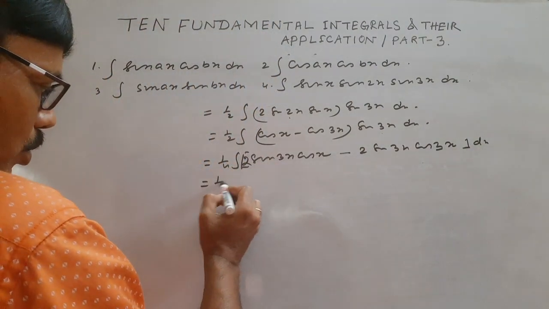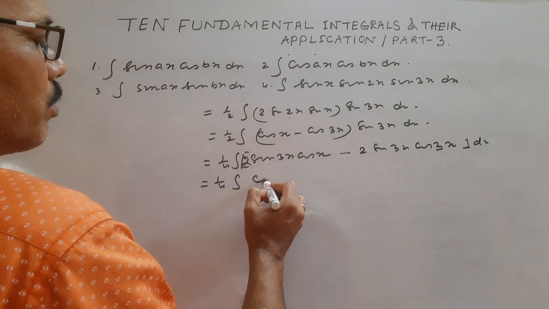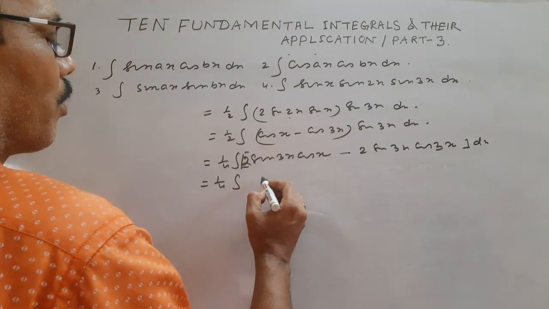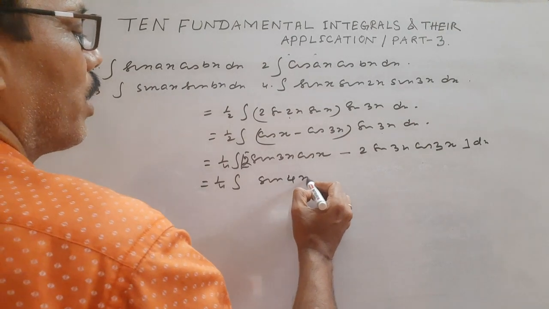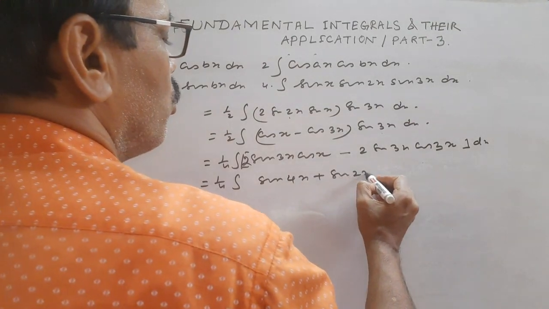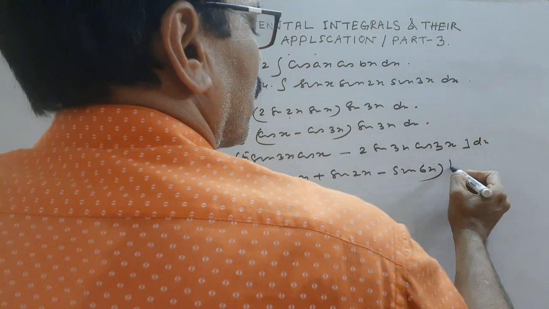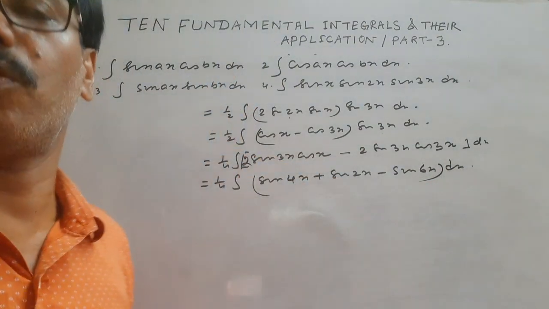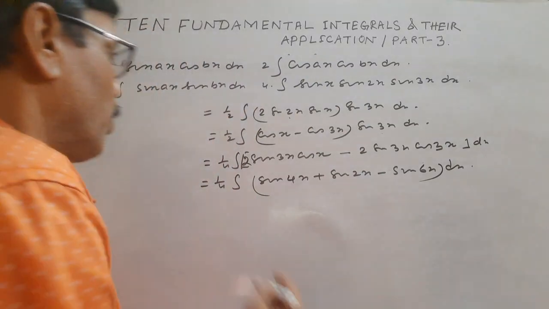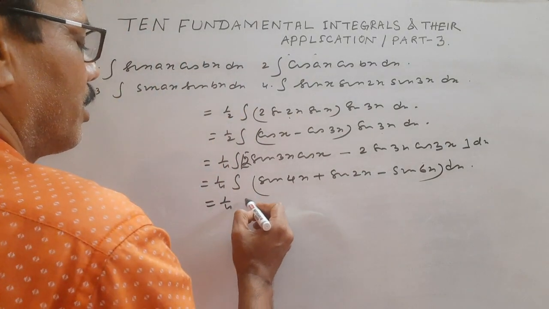Now 1 by 4, 2 sin a cos b, so sin a plus b, so sin 4x plus sin 2x minus sin 6x dx. So all are in standard form, so you can easily integrate it.